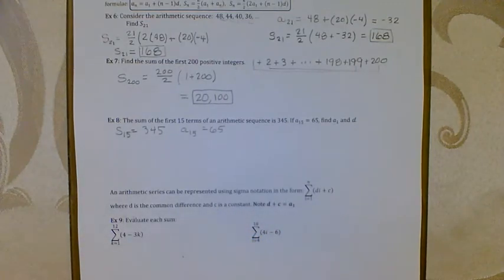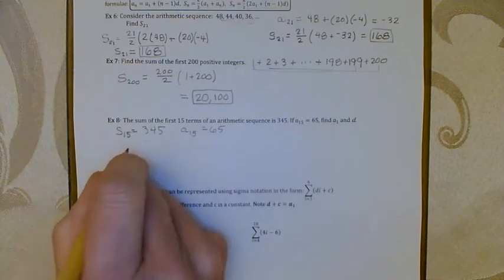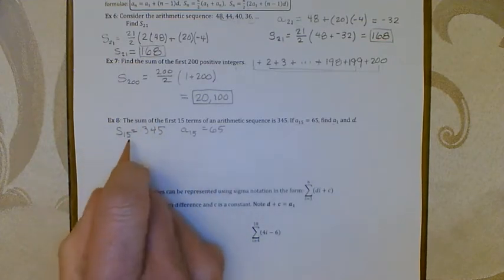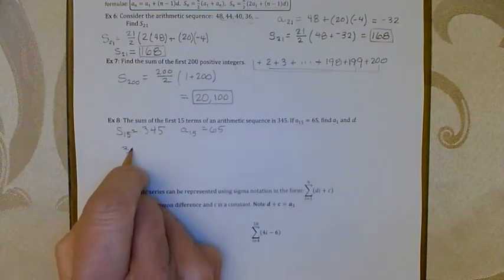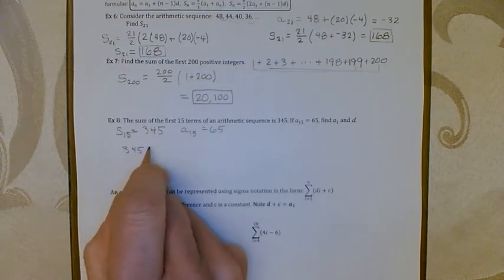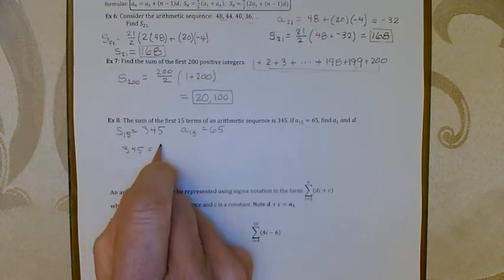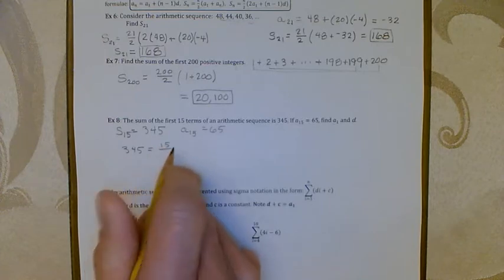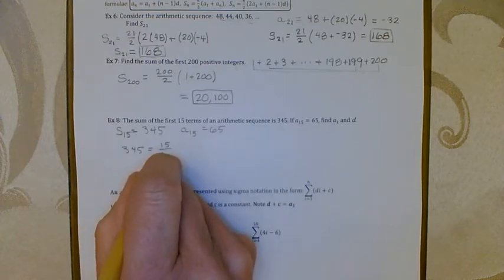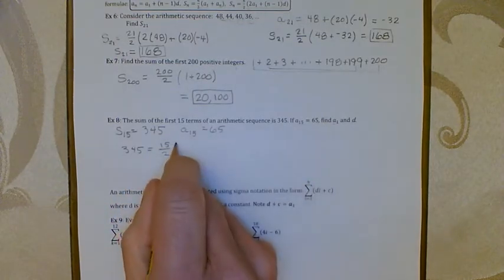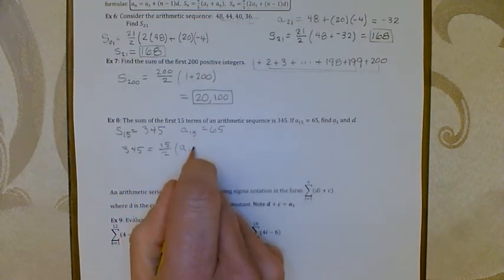And so if we try to put that into our formula, we would know that the sum 345 is equal to, and then we know the number of terms is 15, and we divide that by 2, and that's a sub 1 plus a sub n.